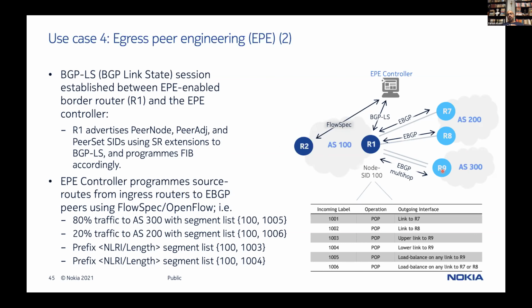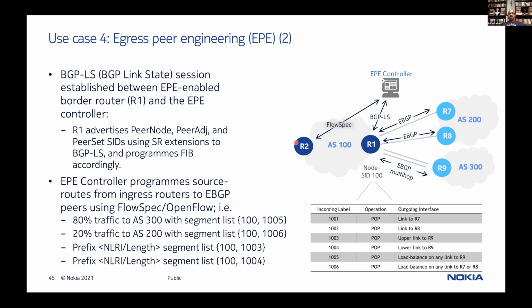Or you might want a bit more granular control over picking your egress point. We know that's a challenging thing in BGP networks, right? How do you control that? The egress peer selection is an interesting challenge.